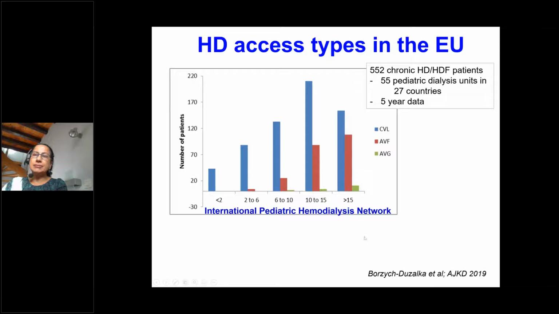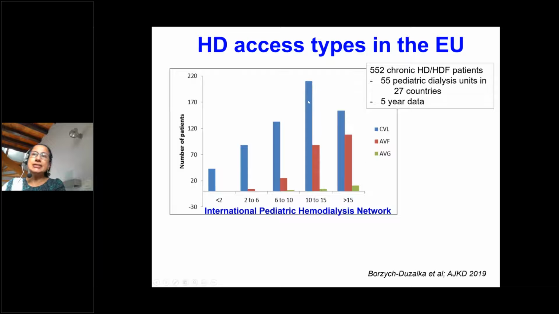The International Pediatric Hemodialysis Network, led by Klaus Schmidt, produced this excellent survey in 2019. They looked at 552 patients on chronic HD or HDF from 55 dialysis units in 27 countries, with 5-year data. And here you see the number of patients stratified by age group and the type of access they have.